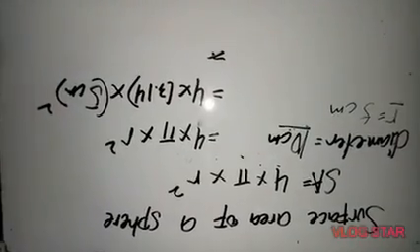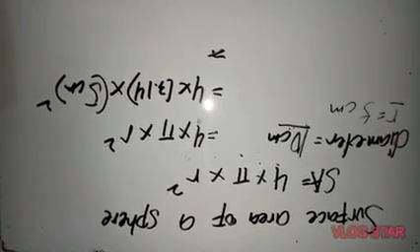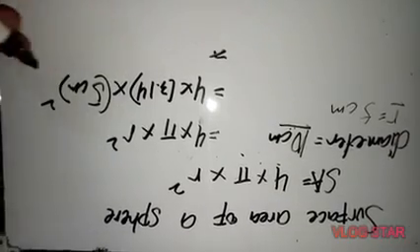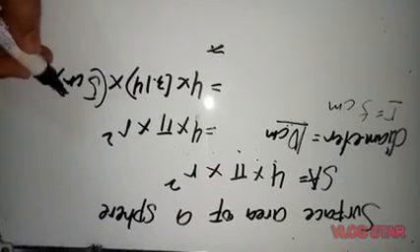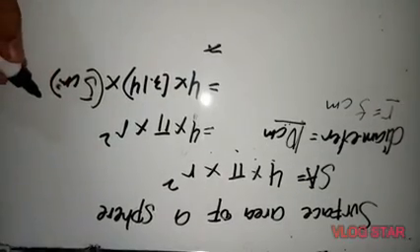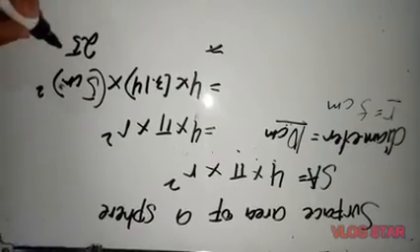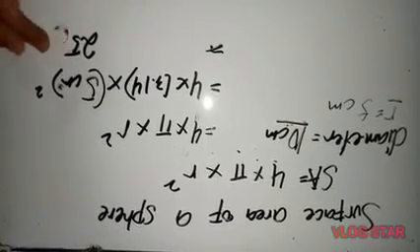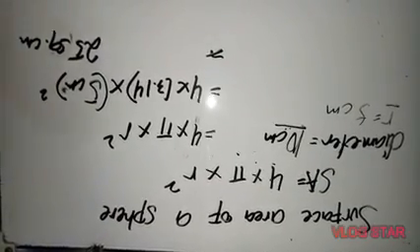So multiply 4 times 3.14, the answer is 12.56, times 5 centimeter square. So just get the value of 5 centimeters square, which is 25 square centimeter.